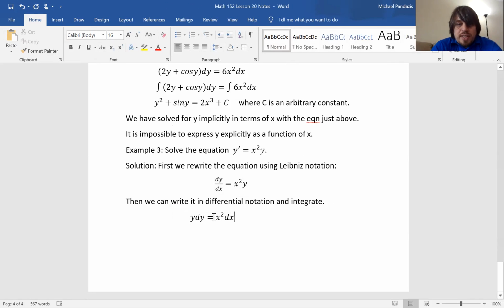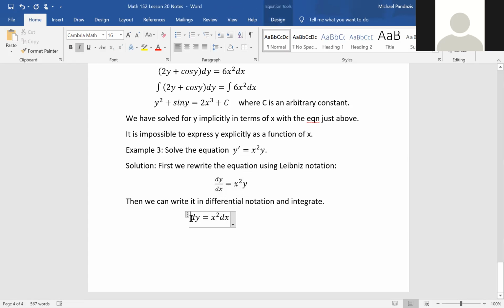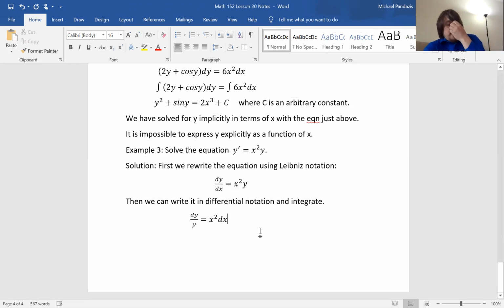It's y dy/dx equals x squared dx. See, it's the cross multiplication where this is over 1. Oh, wait. And wouldn't it be dy over y? Yeah, hold on, I'm just fixing it. Yeah, it's dy over y. Okay, so dy over y is equal to x squared dx.